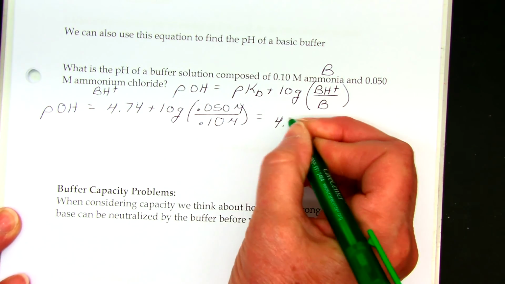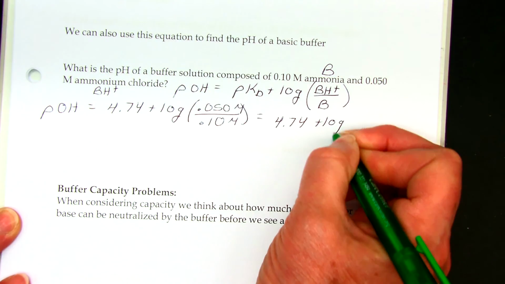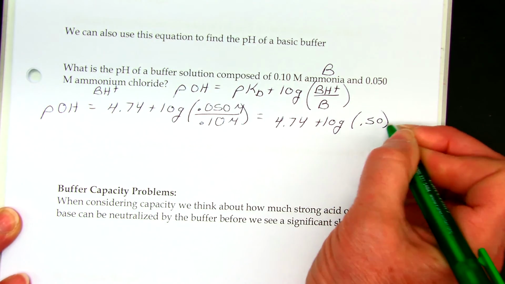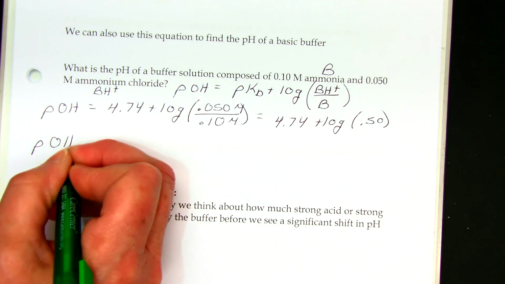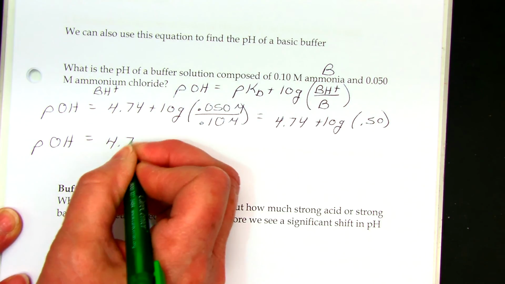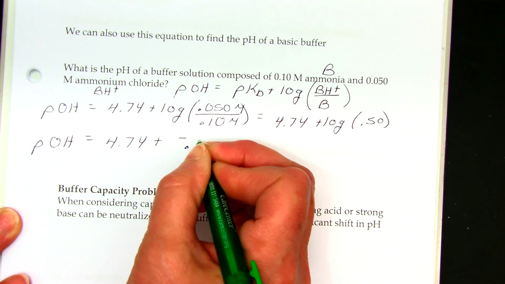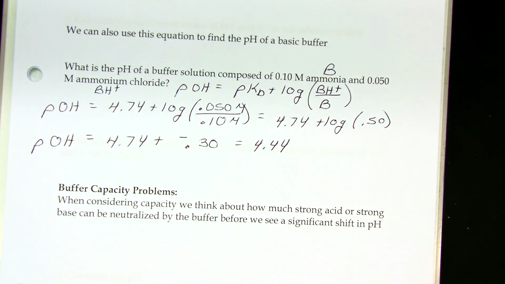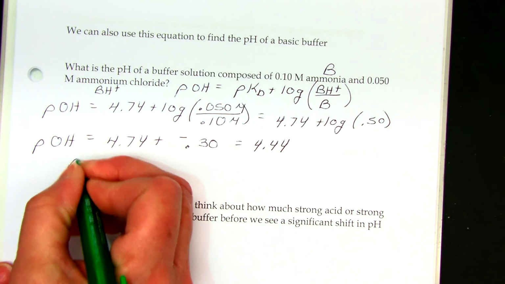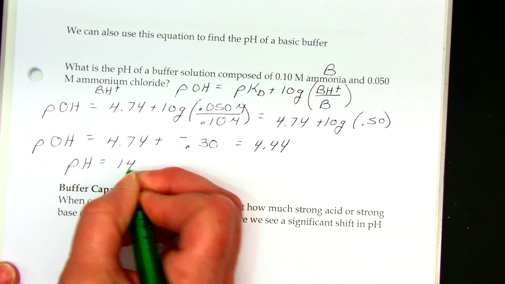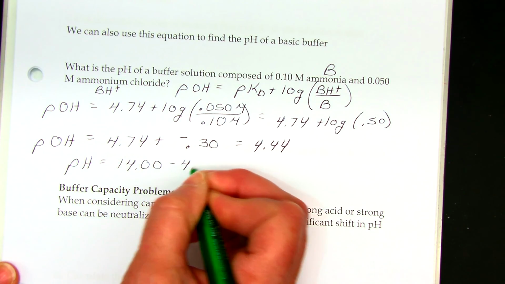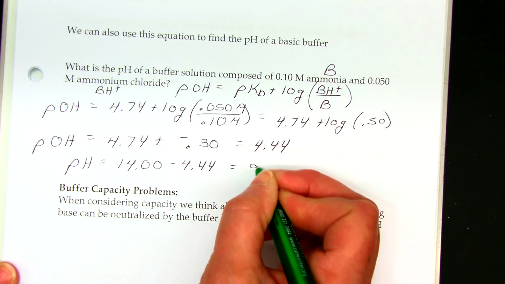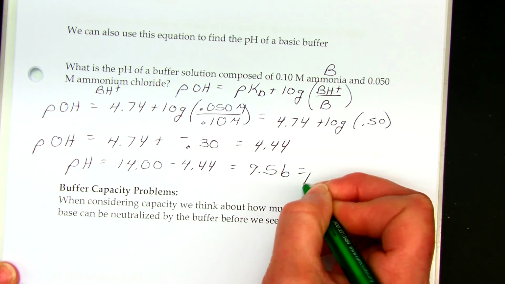So that's equal to 4.74 plus the log of 0.50. So the pOH is equal to 4.74 plus a negative 0.30, and that's equal to 4.44. Now, the most common mistake I usually see is when people forget to switch pOH to pH. So now the pH is pKw, which is 14, minus 4.44, and that's equal to 9.56.